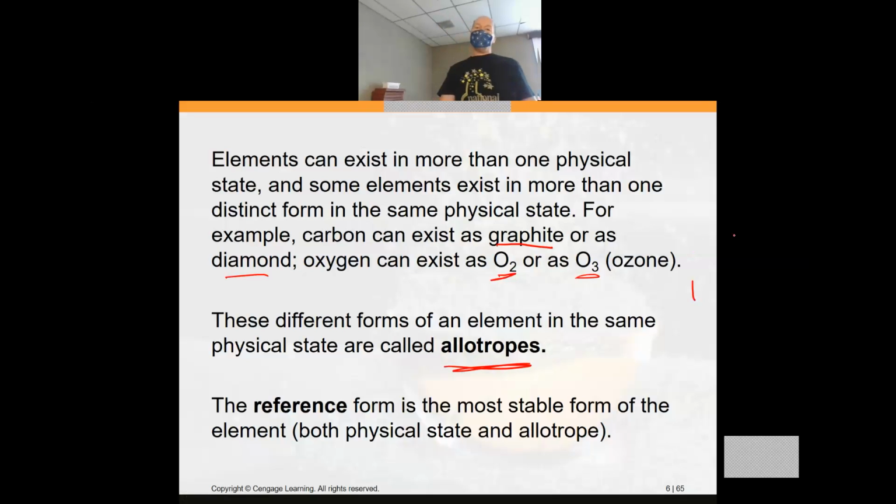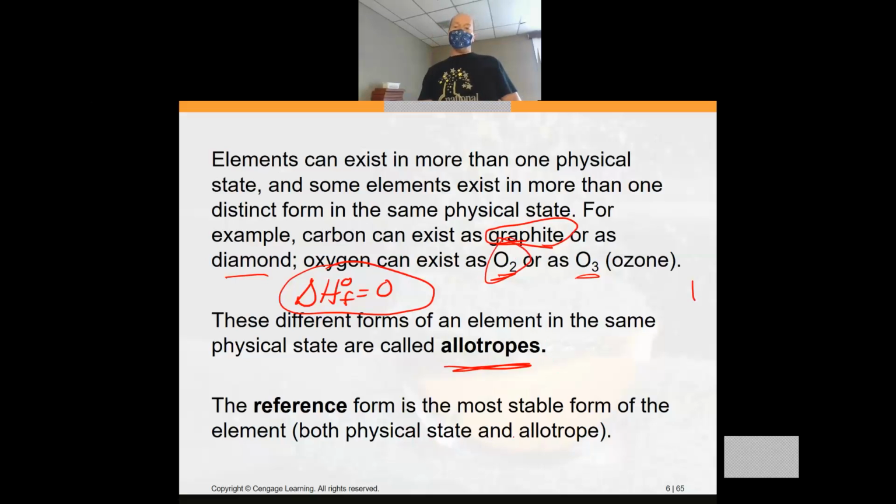You have carbon graphite, carbon diamond, carbon buckyball. Those are allotropes of carbon. The one that has a delta H naught formation equal to 0 is the element in its natural state. For carbon, that is graphite. For oxygen, that is O2 gas.